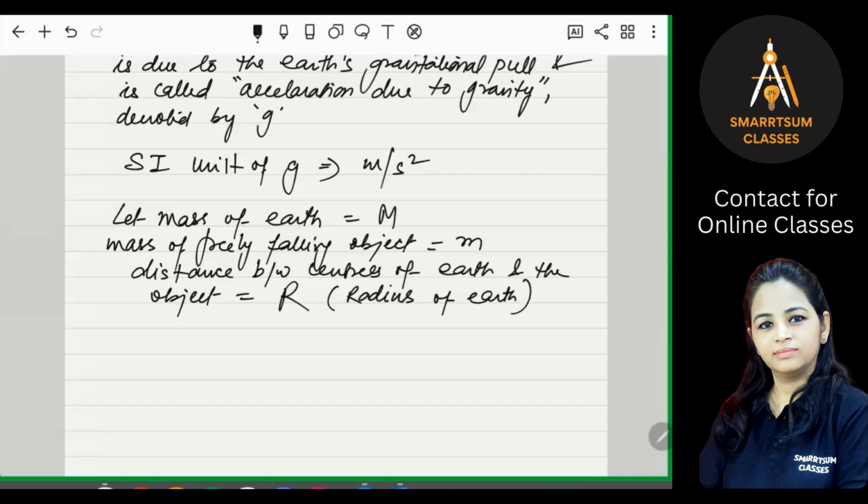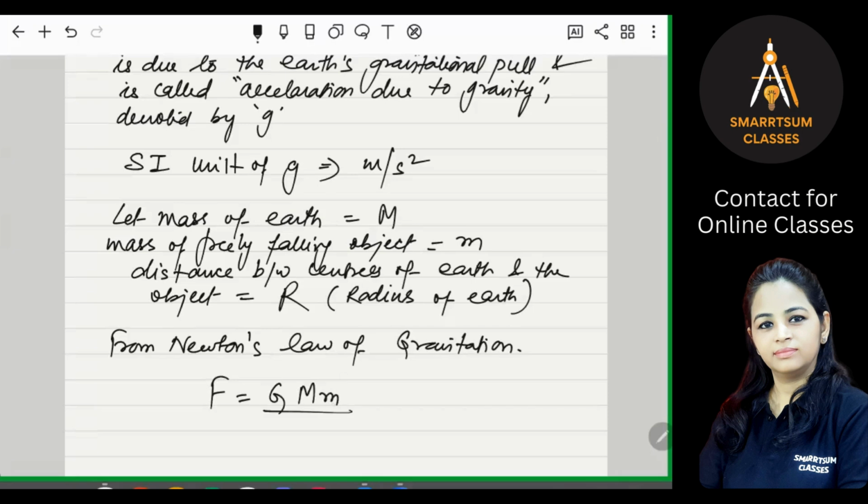Now from Newton's law of gravitation, which we have already learned in the previous topic, we know that F is equal to G m1 m2 upon r square. Here m1 m2 is capital M and small m, so I have written here G M m upon r square.